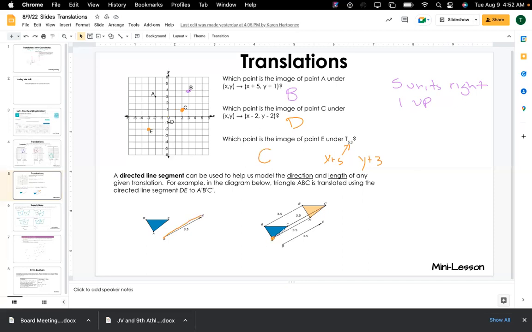So from here to here, it's 3.5. From here to here, it's 3.5. From here to here, it's 3.5, and in the same direction. Okay, so it's just moving something a certain amount of units distance wise. Okay, I would definitely write down that.